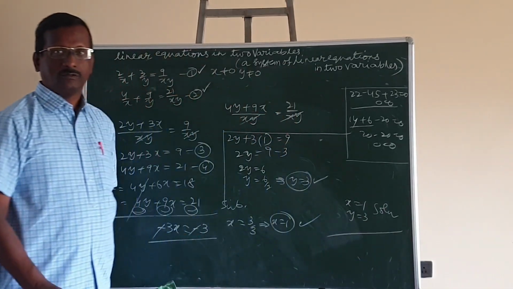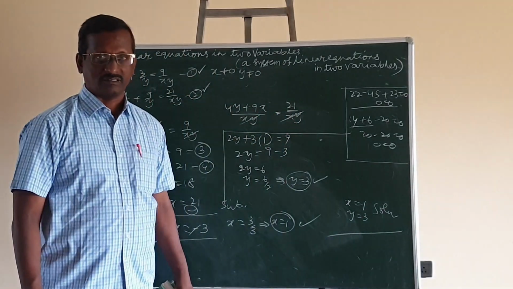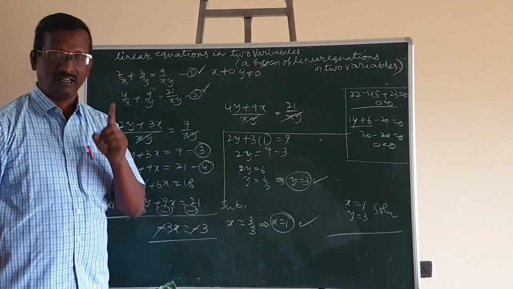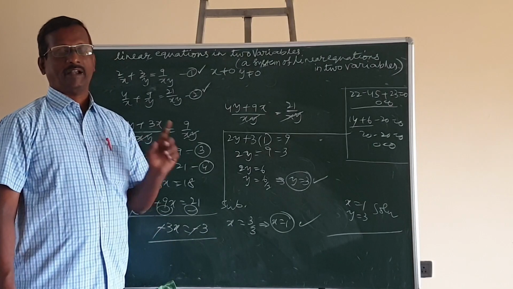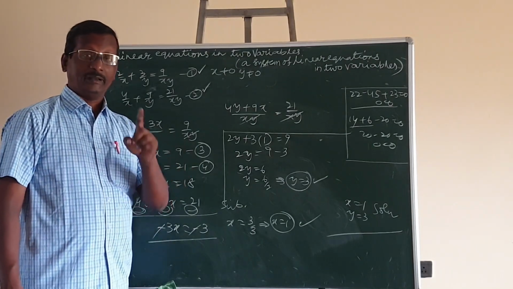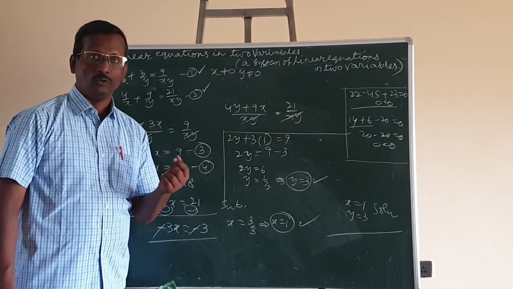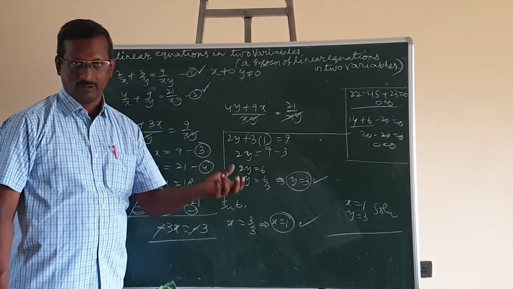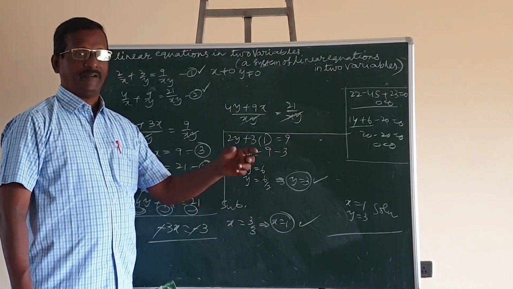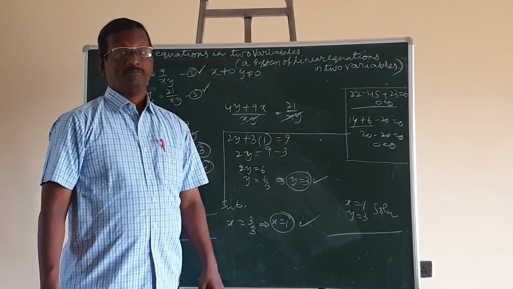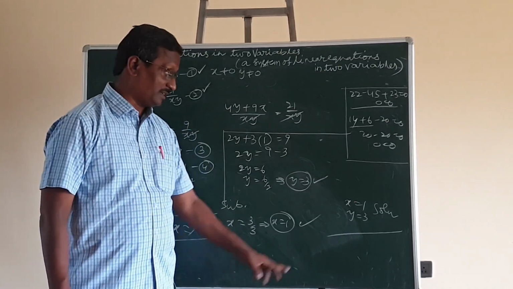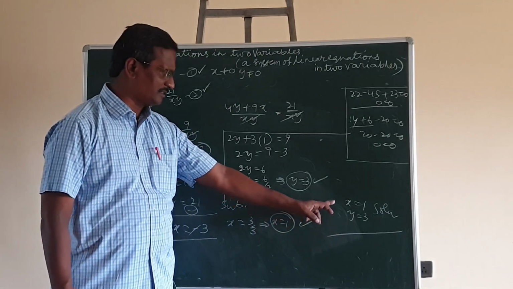It is always better to write solution, not answer. When an equation or a pair of equations is given, it's better to write solution. But in case of an application question, such as find the value of k, find the two-digit number, find the fraction, such application questions or word problems or verbal questions, we will write answer.